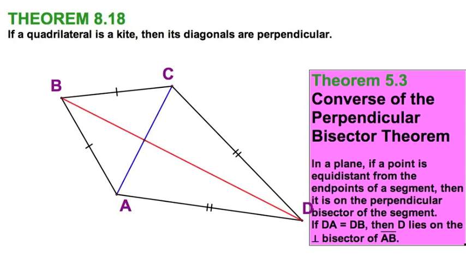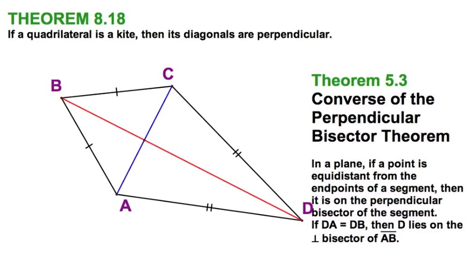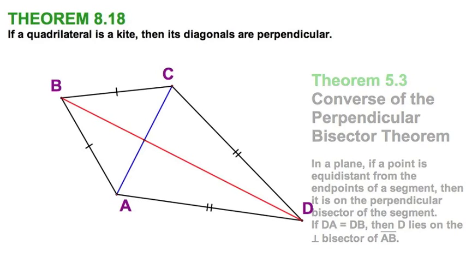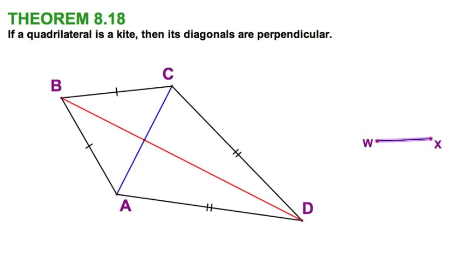I'm going to use this theorem, the converse of the perpendicular bisector theorem. Dang, that's a lot of words. Let's just go right to a picture here. Let me illustrate it this way. Perpendicular bisector theorem says that if I've got a figure like this, I've got a point Y that's equidistant from the endpoints of a segment.